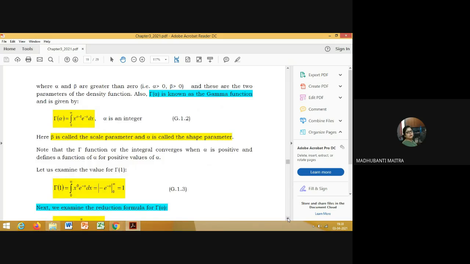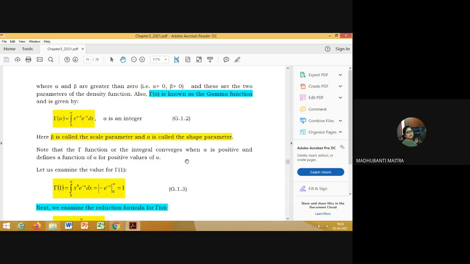Now, let's first find the value of tau 1. We know that the gamma function, or this integral, converges when alpha is positive and defines a function of alpha for positive values of alpha.